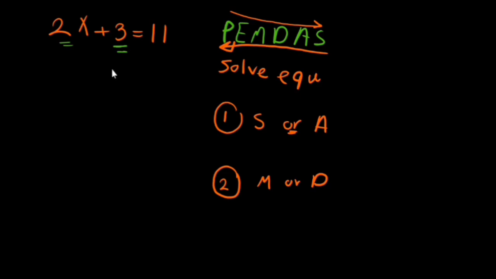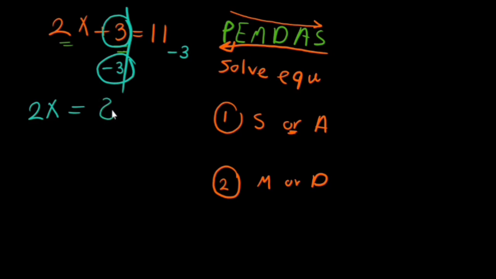Yes, we have to subtract 3 from the left side and subtract 3 from the right side. Okay, so plus 3 with the minus 3, the left is 0. On the left side will be 2x, equals 11 minus 3 equals 8.